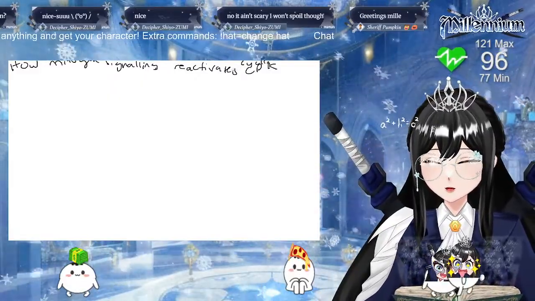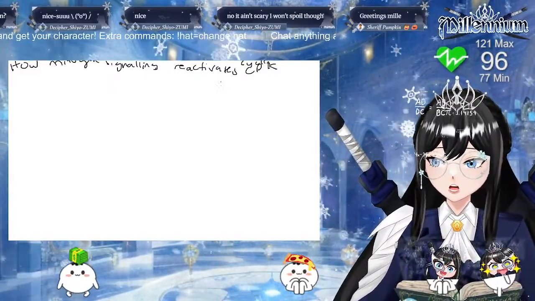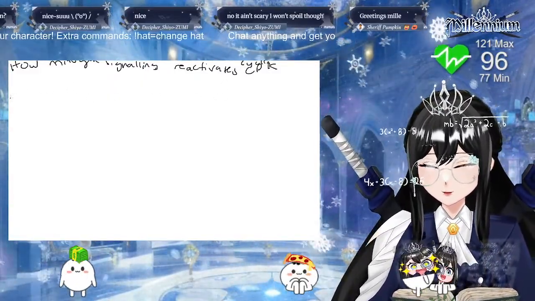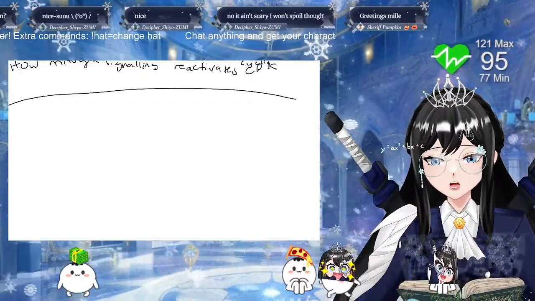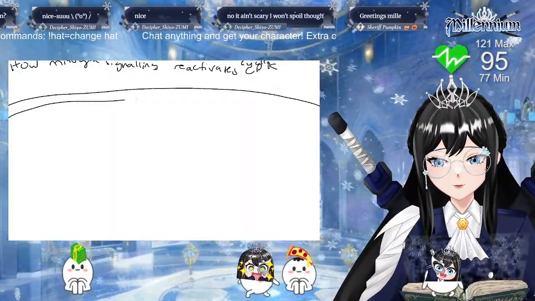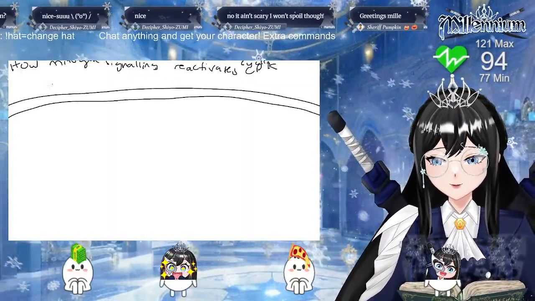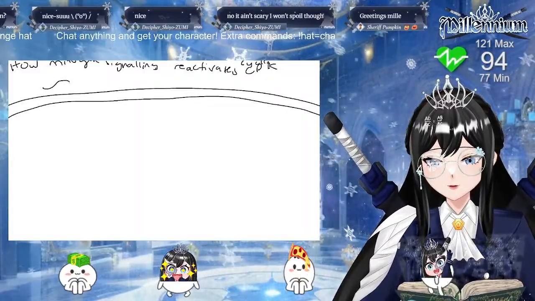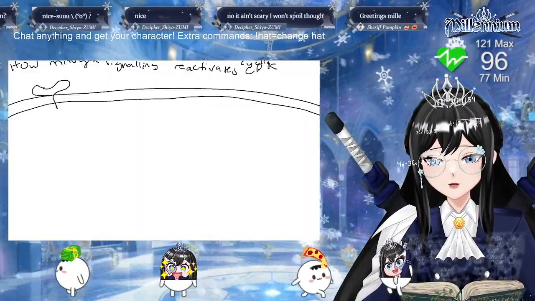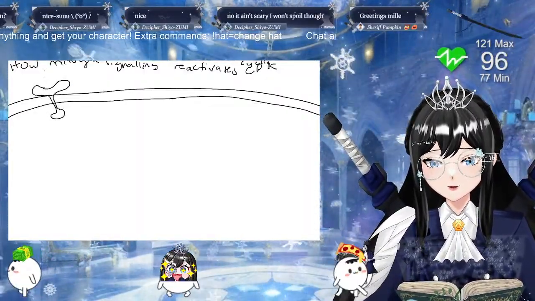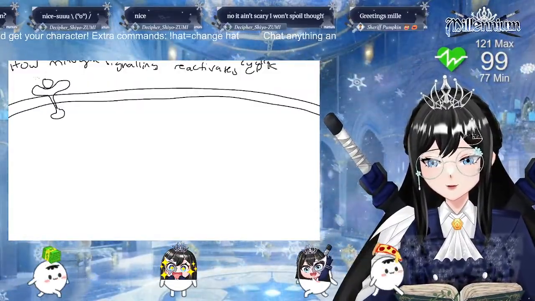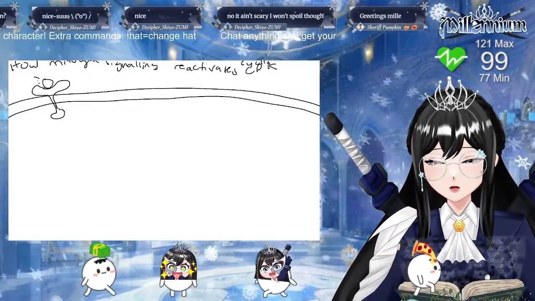So your mitogen is a growth factor. Oh my goodness. We need space for this one. Here we have space. And it's going to be like this. Mitogen goes here.